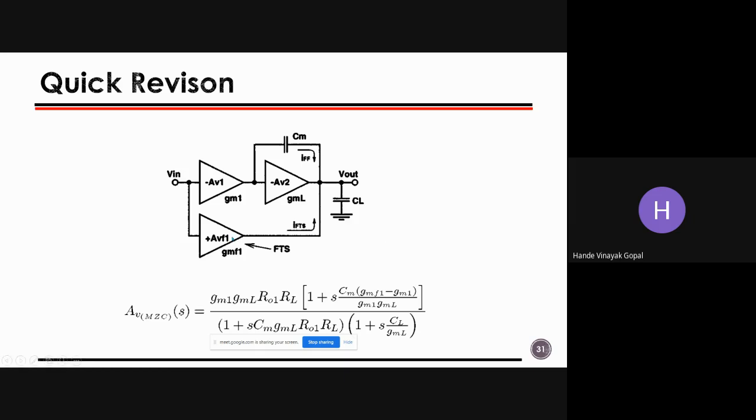This is very much achievable because whatever differential pair you use to design AV1, you can use a similar differential pair for AVF1, so you don't have to worry much about that. And even though there is process and mismatch variation, these zeros will be pushed to very, very high frequency, so you don't have to bother about that at all. So these circuits work fine.